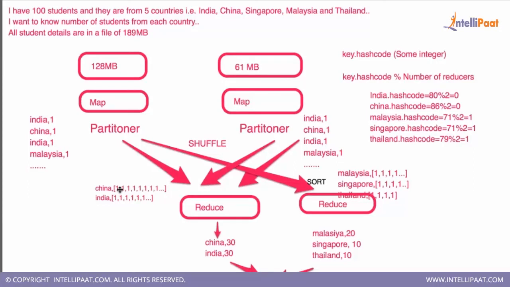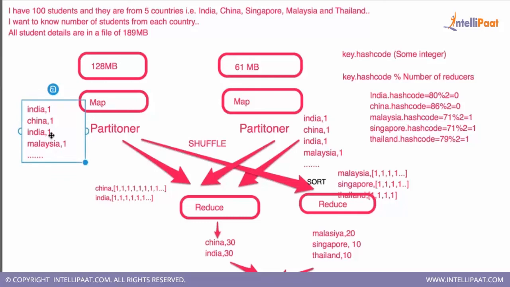Okay. Now, what comes out of the Mapper? What comes out is India one, China one, Malaysia one, and all that, and we are consolidating China and India.